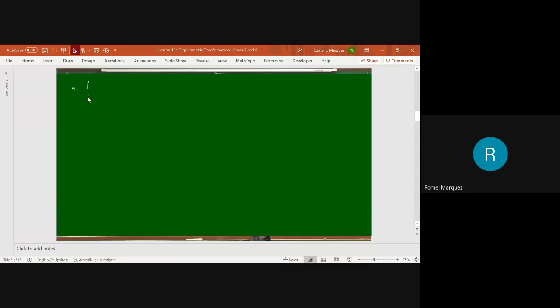We have integral of tangent to the ninth of, let's say, beta, times the square root of secant of beta d beta.